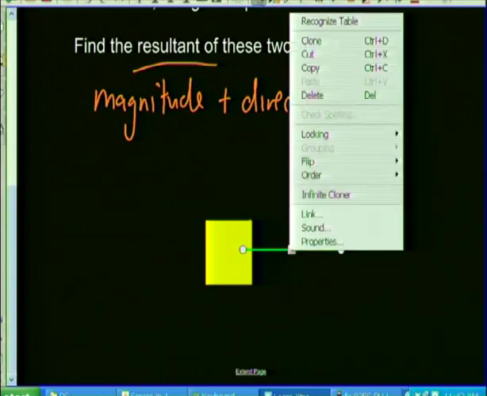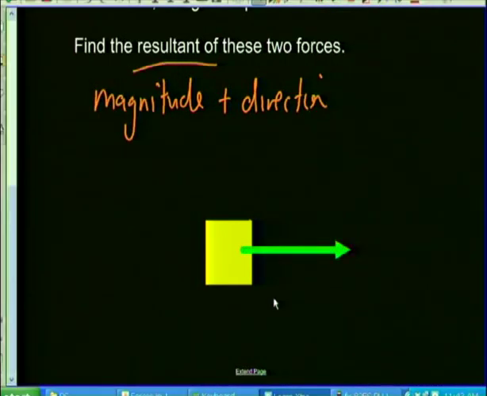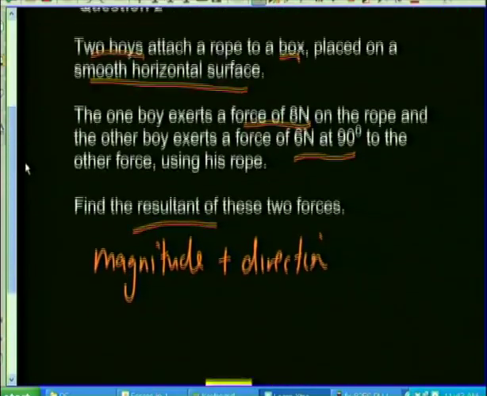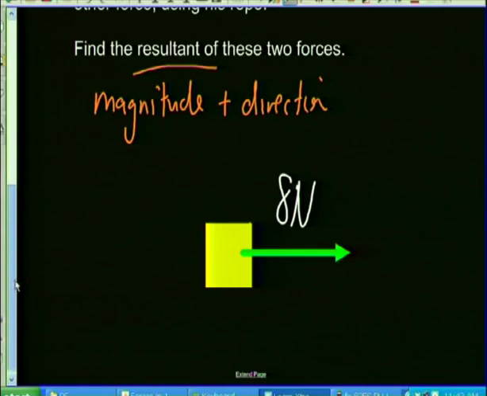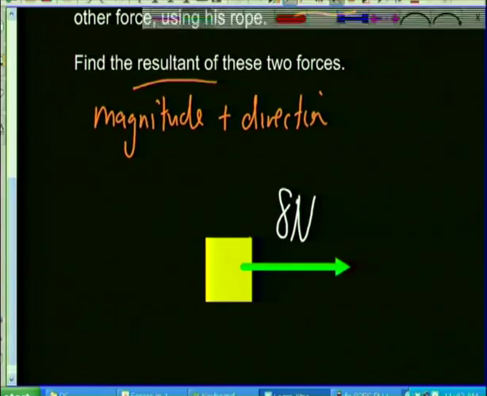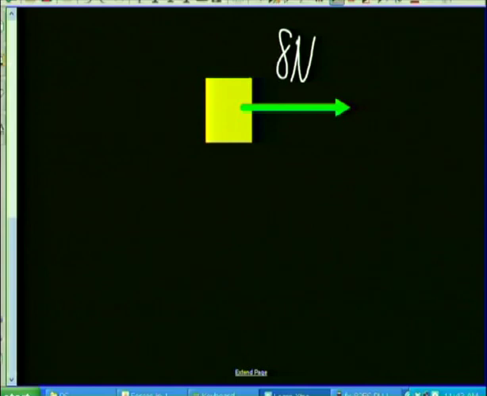and I just want to make this a little bit bigger, so let's do that so we can see it, and let's put that one in as the first one, and we're going to call that 8 newtons. And let's have the second force in a different color. Let's choose the pink one, and we know that that's not going to be as big, so I'm going to make it a little bit smaller.